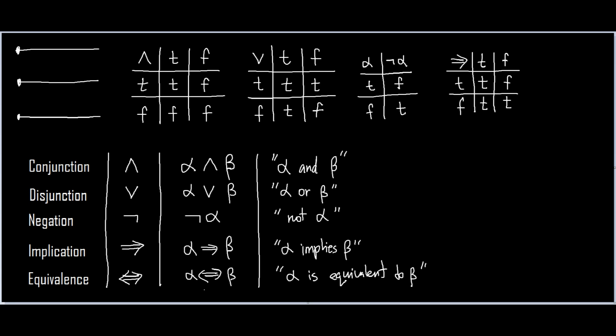So if we say something if and only if some other thing, that is the bidirectional implication. We're saying if alpha then beta, and if beta then alpha. And what I just said now basically defines this. So we can actually define this as an abbreviation for the statement alpha implies beta and beta implies alpha.